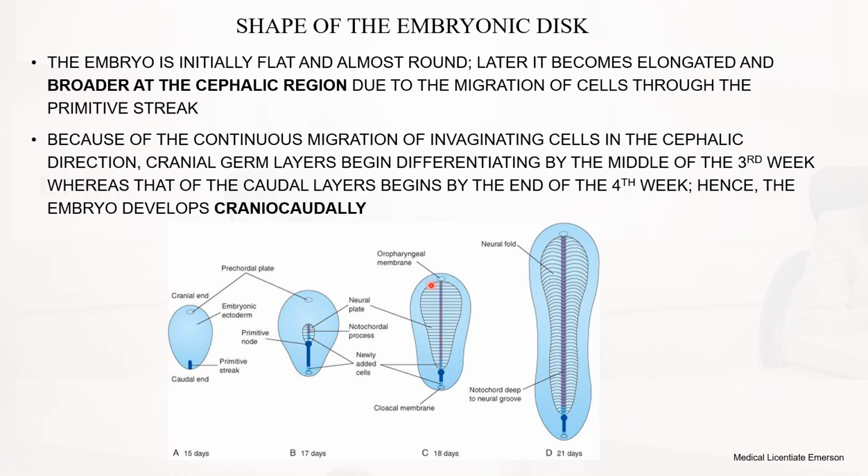In the cranial region, they differentiate by the middle of the third week, whereas the caudal region begins by the end of the fourth week. So, meaning from the head to the posterior or inferior part. Caudal means inferior. So that's what we are saying on the shape of the embryonic disc.